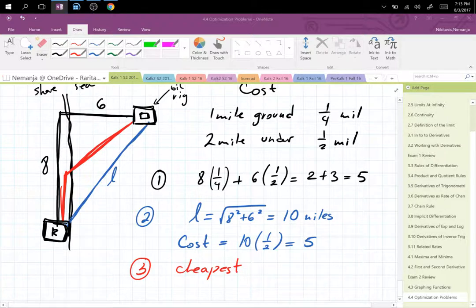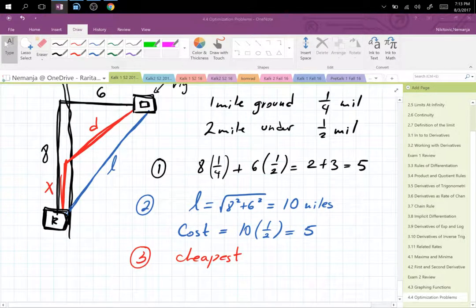And the way we get this is we say, I don't know this distance x here. But if I can figure out how far I have to go on the ground, the rest I build underwater, I will have the lowest cost. So I have the distance d underwater and the x is on the ground.